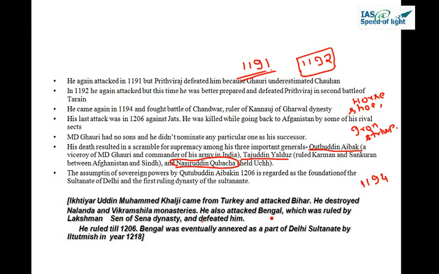One more person important to note down here is Ikhtiyar Uddin Muhammad Khalji, who came from Turkey and attacked Bihar, and he destroyed the Nalanda and Vikramshila monasteries. So this person becomes important for us. Ikhtiyar Uddin Muhammad Khalji.